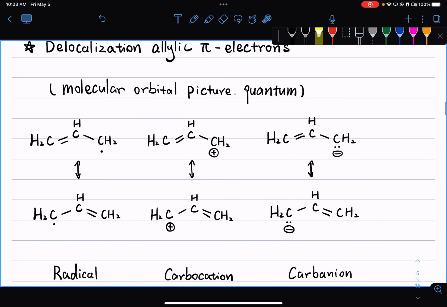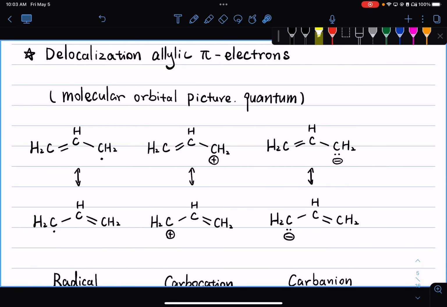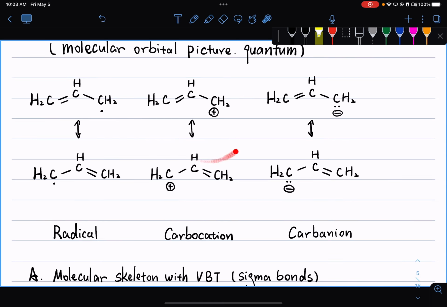So we ended our last lecture by looking at the resonance picture of these allylic pi electrons. Here are the three big classes of reactive intermediates we covered so far in this class.